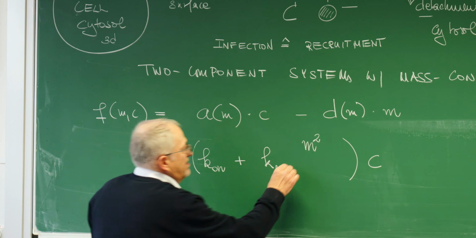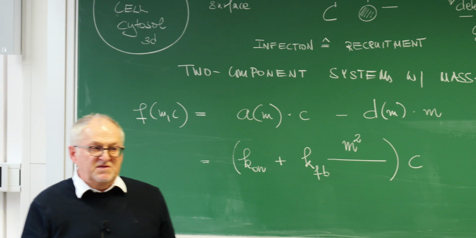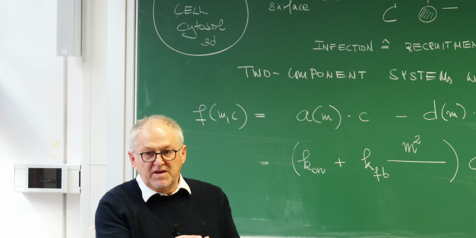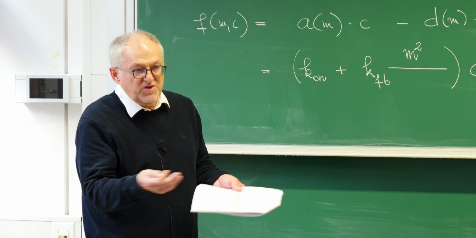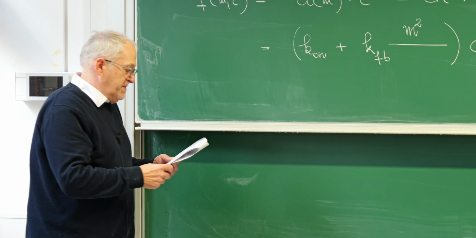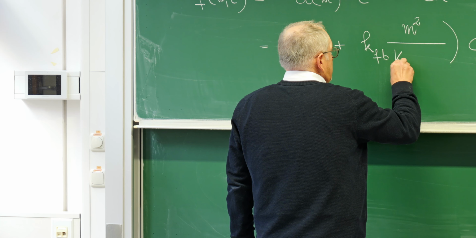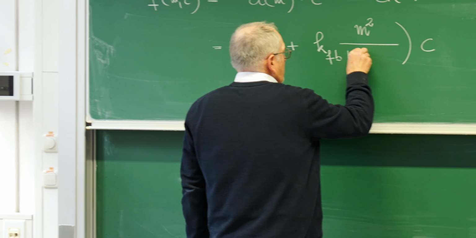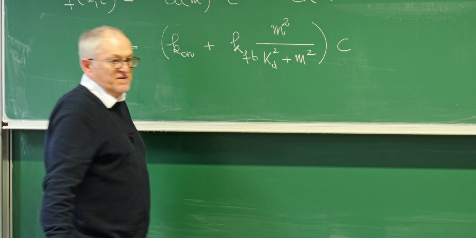And now you say, of course, if you have some feedback mechanism that brings stuff to the membrane, this feedback mechanism should saturate at some point, because chemistry is limited in what it can do. So let us write this with some parameter that's usually called KD value plus m squared.